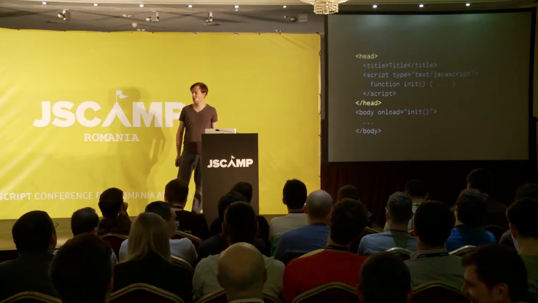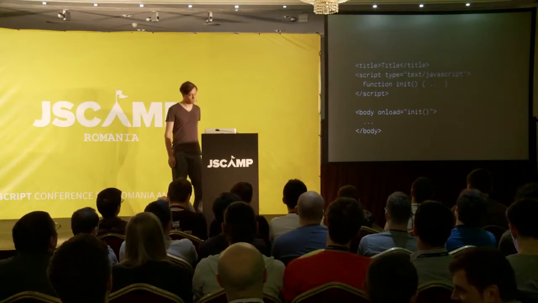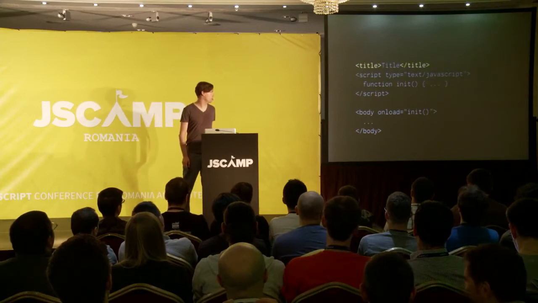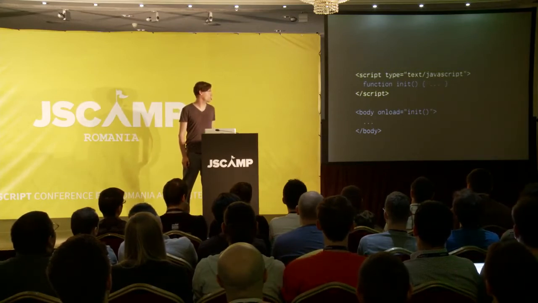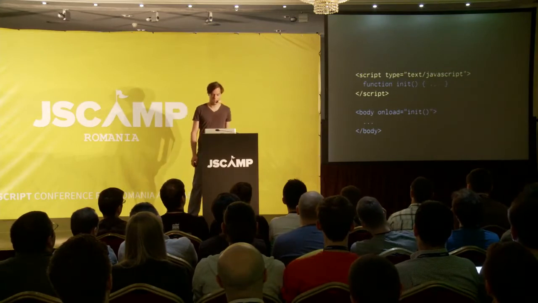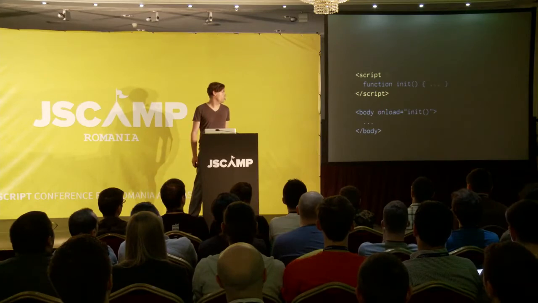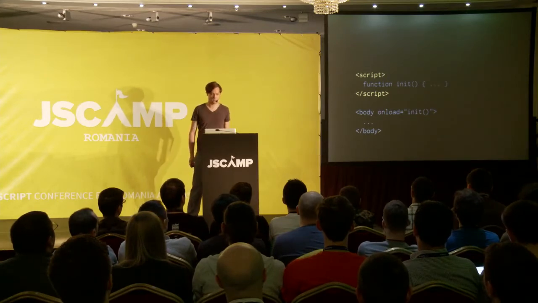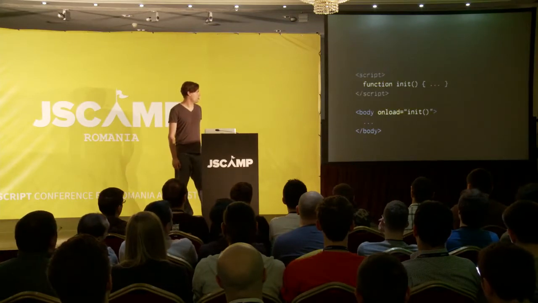Head, if you don't want a title in there, we can get rid of that too. Then we have the script type text/javascript. Many people still write that, but actually we don't need to define a type and can just use script here. It looks way shorter now.